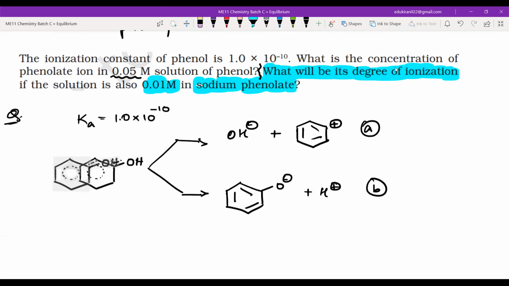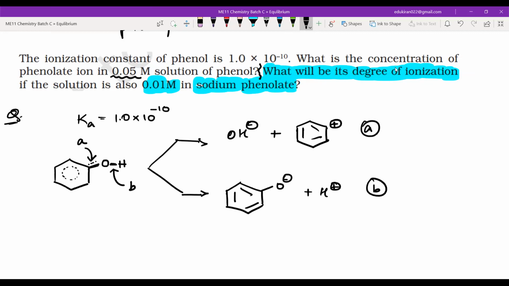Now there is only one bond in OH, and if I want to break the CO bond, this is the CO bond, and then we have the OH bond. If I break this OH bond, I will get the B answer, and if I break this carbon oxygen bond, then I will get the A products. Yes or no?